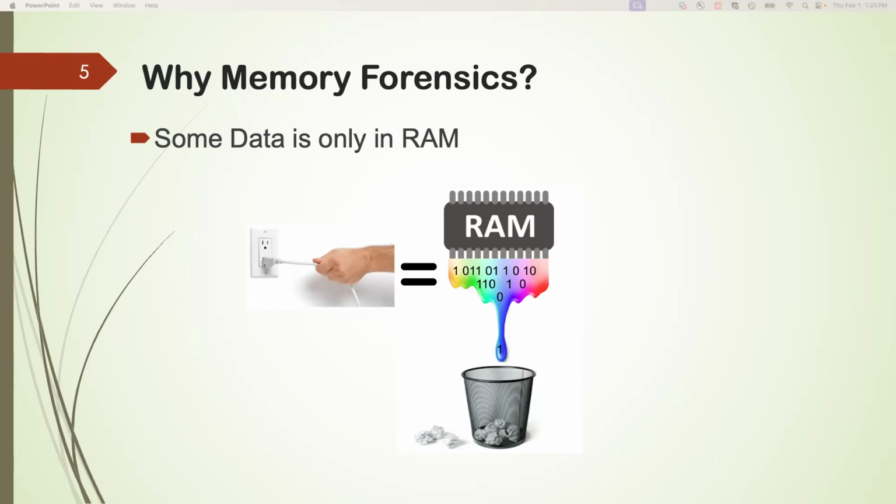All the things that a user does during any session or interaction with the internet, or if you are writing something in Microsoft Word, or browsing websites, all of this information will reside inside the RAM.